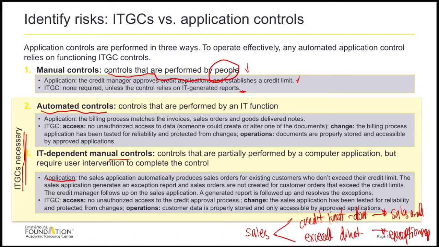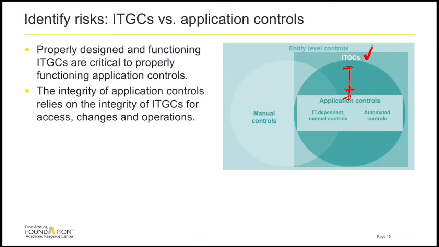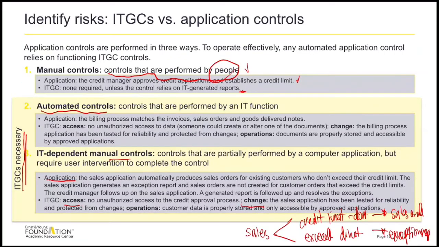So in the ITGC, access is that no unauthorized access to the credit approval process. Change, the sales application has been tested for reliability and protected from changes. While operations, customer data is properly stored and only accessible by the approved applications.